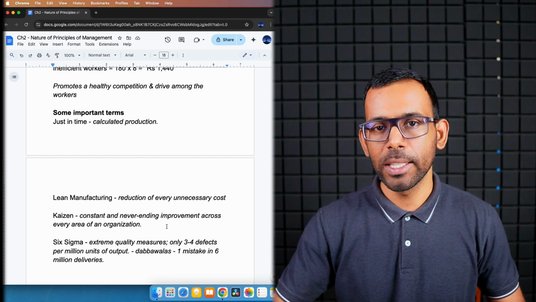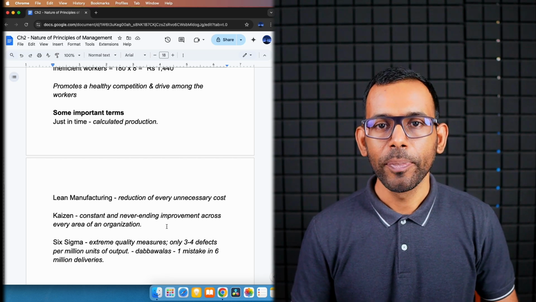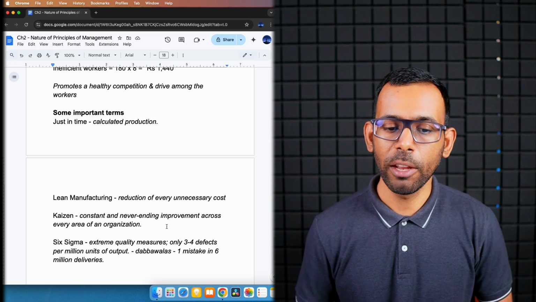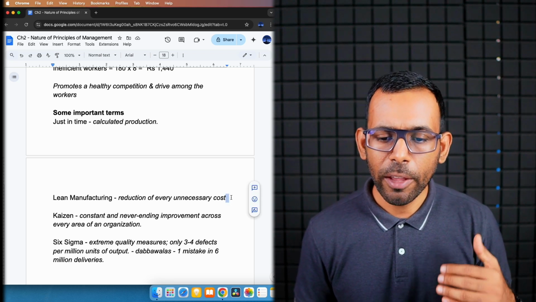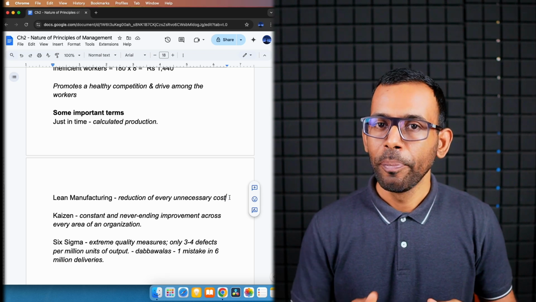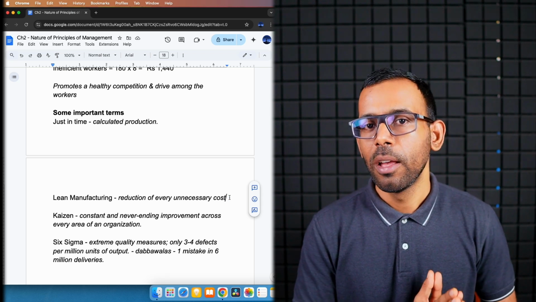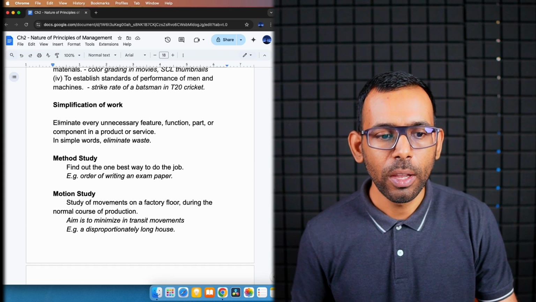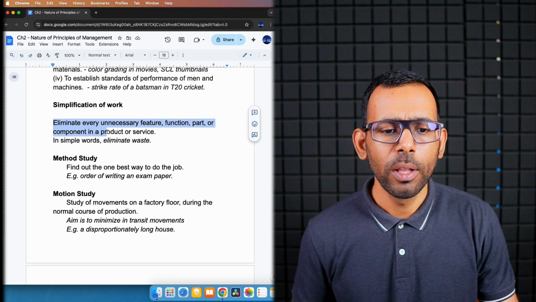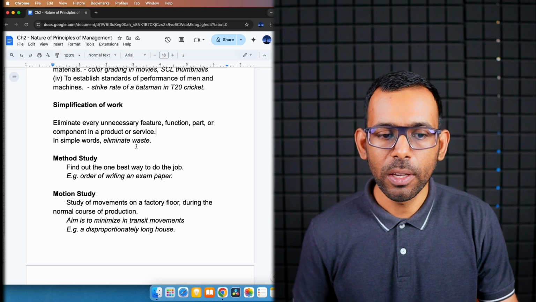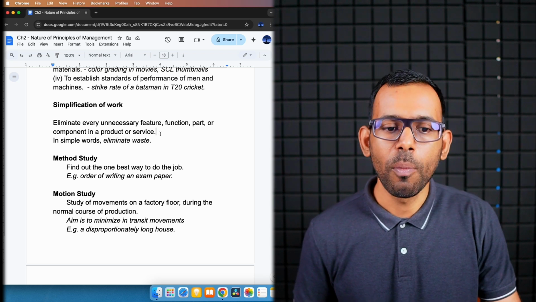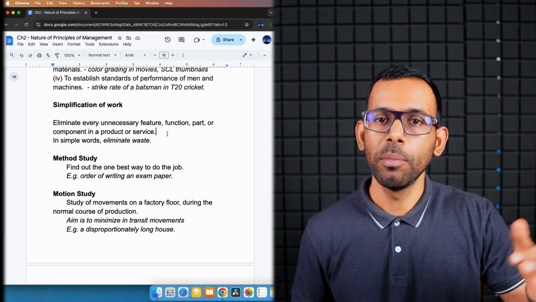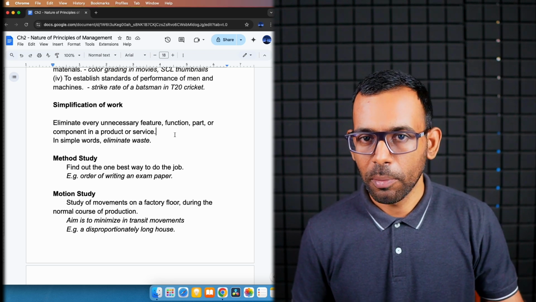Lean manufacturing is similar to just-in-time. Just-in-time particularly focuses on the inventory aspect, but lean manufacturing focuses on the reduction of every unnecessary cost. In one of the previous lectures, when we talked about the standardization and simplification of work, I mentioned the elimination of unnecessary features, functions, parts or components in a product or service. And I gave you a comparison between an assembled gaming PC versus a Mac Mini.